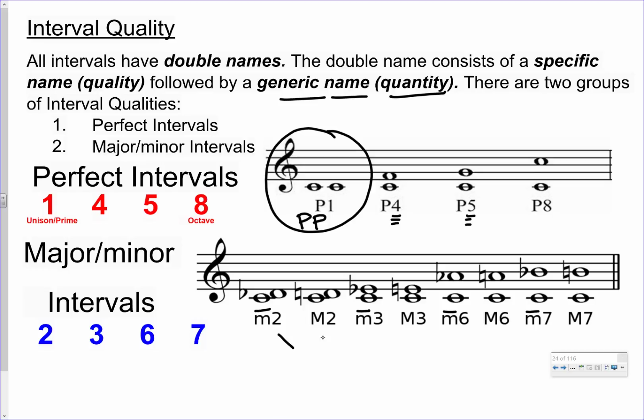So I have seconds that can be either major or minor. I have thirds that can be either major or minor. I have sixths that can be either major or minor. And I have sevenths that can be either major or minor. So the main thing to glean off of this page are that perfect intervals are 1, 4, 5, 8. Major minor intervals are seconds, thirds, sixths, and sevenths.